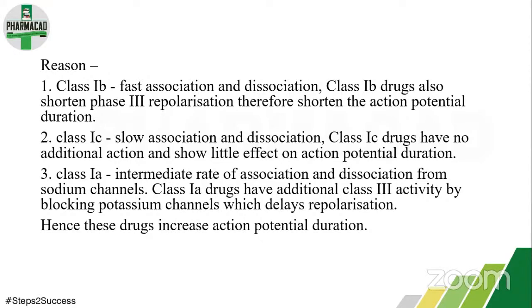If you know the kinetics of your receptors, these drugs will associate very fast with your receptors and dissociate also very fast from these receptors. So hence fast association and fast dissociation is seen with class 1B drugs. These class 1B drugs also shorten phase 3 repolarization and therefore they shorten the action potential duration.